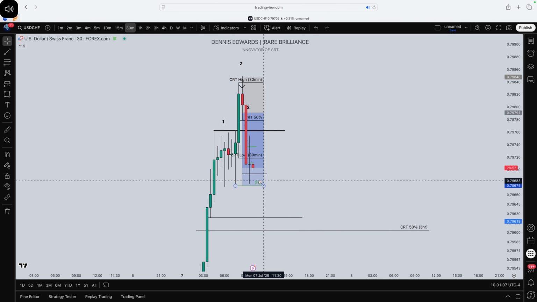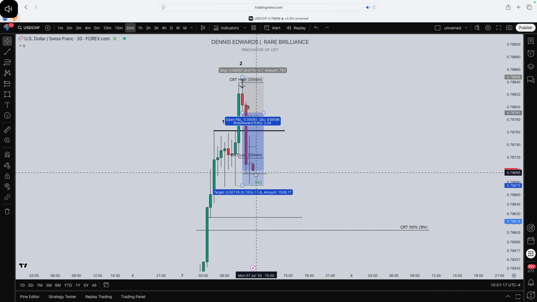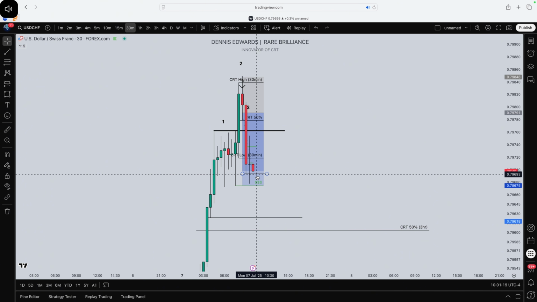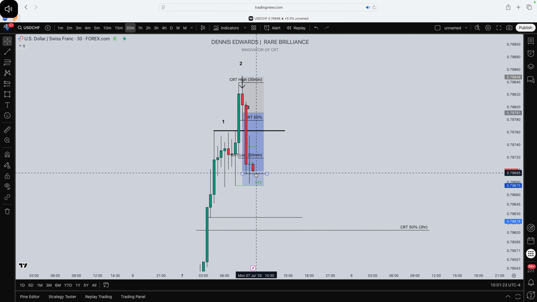This 30 minute could have been a fake. We gotta see how price reacts within this area. I really want to see price come underneath this, because that really confirms that this potential CRT sequence is not real.